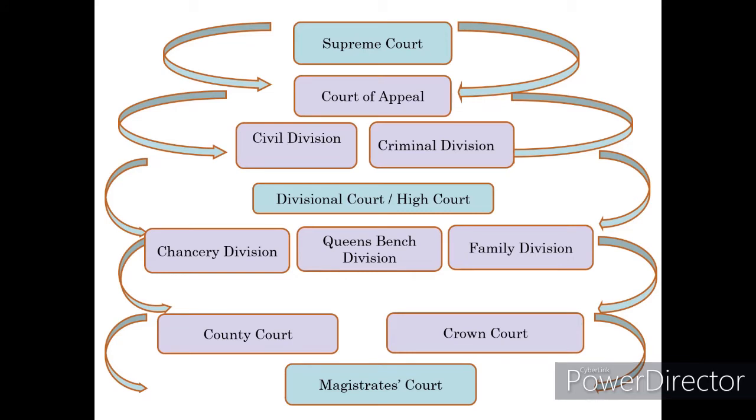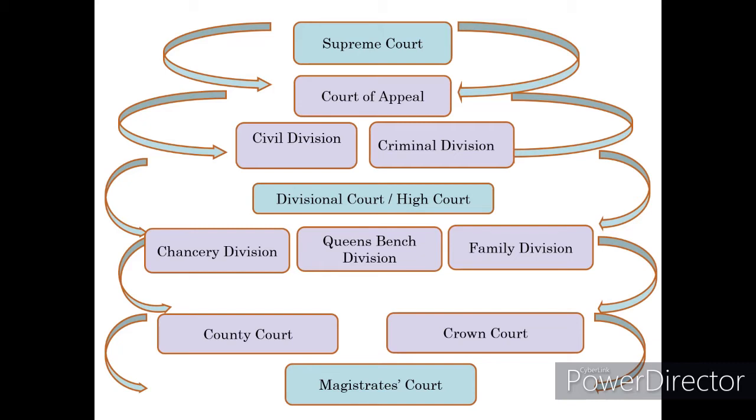Hopefully, you know that the Supreme Court is our highest court and the Magistrates' Court is our lowest court. Then you've got the Crown Court, which is a first instance criminal court, and the County Court, which is a first instance civil court. Above that is the High Court, which becomes the Divisional Court when it is an appeal court.